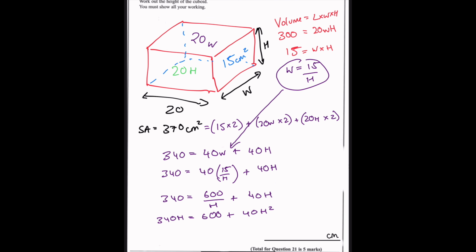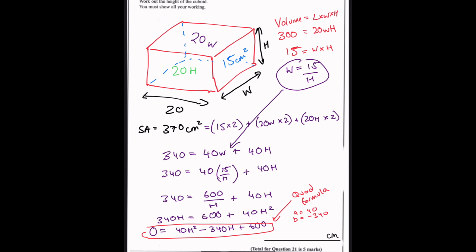Okay, this all of a sudden is looking very much like a quadratic. So I'm going to make this equal to 0. 0 equals 40h squared minus 340h plus 600. And then on this bit, I can use the quadratic formula with a equals 40, b equals minus 340, and c equals 600.